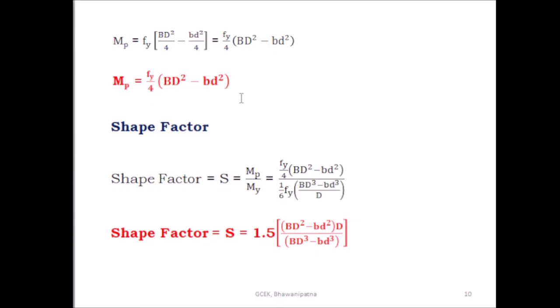The plastic moment you know, Fy by 4 into (capital BD square minus small bd square), and the yield moment you know, 1 by 6 Fy into (capital B dq minus small b dq) divided by D. Then after simplification, the shape factor of the symmetrical I section is S equal to 1.5 (BD square minus bd square) into capital D divided by (B dq minus b dq). This is the shape factor for the symmetrical I section.